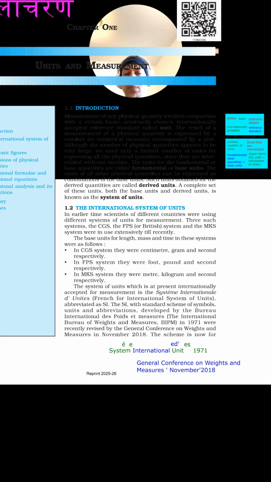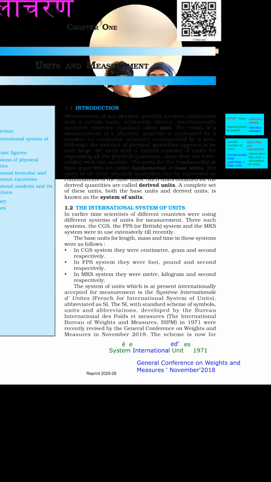The SI, with standard scheme of symbols, units, and abbreviations, developed by the Bureau International des Poids et Mesures, the International Bureau of Weights and Measures (BIPM) in 1971, was recently revised by the General Conference on Weights and Measures in November 2018.